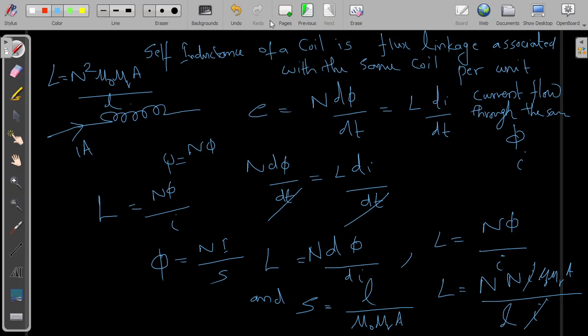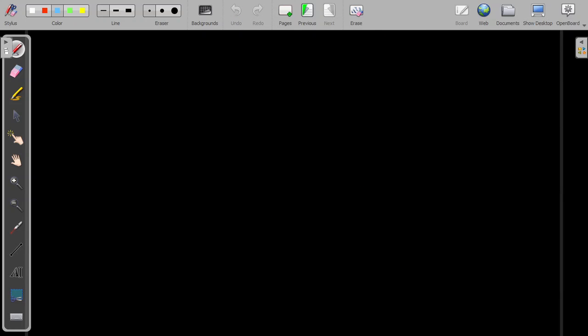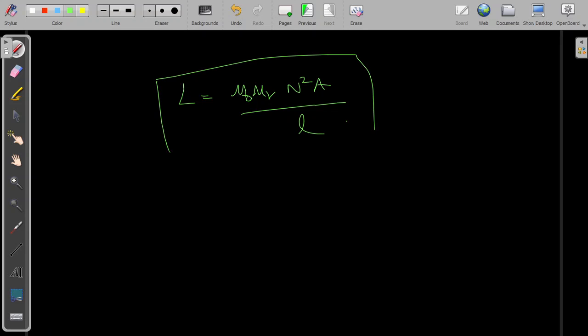This is our equation for self-inductance of a coil: L is equal to mu0 mu r N square A by l. This is an important equation for problem solving.